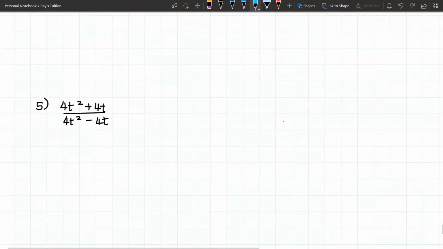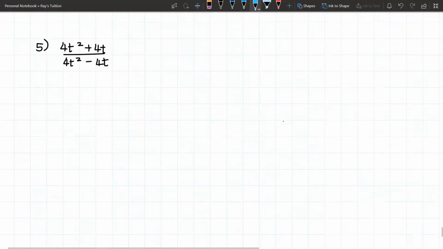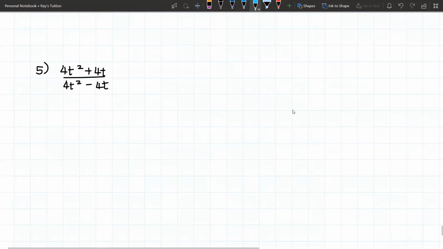Let us have a look at the final question. So over here we have 4t squared plus 4t over 4t squared minus 4t. Again, we cannot cancel over plus or minus. What we can do is factorize. So what's common in the numerator is 4t, and what we're going to be left with is t plus 1.